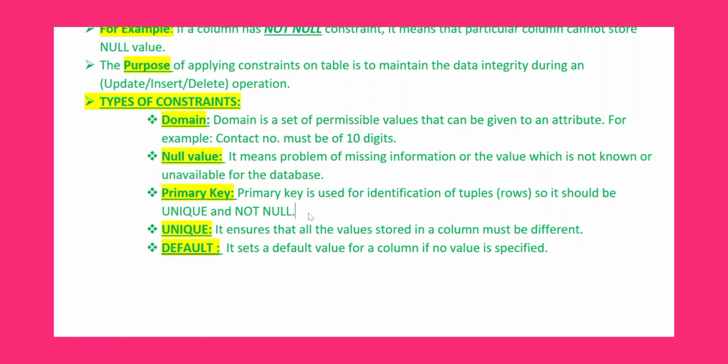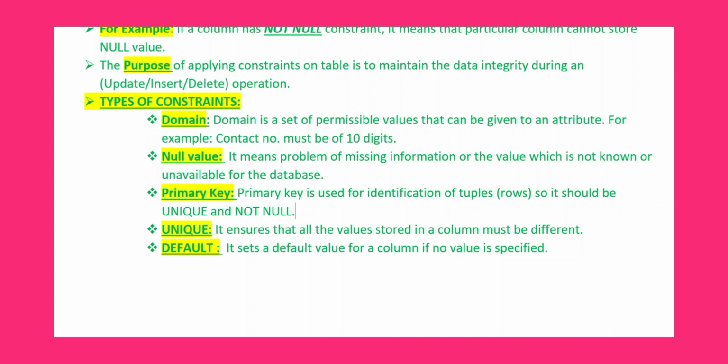But if we assign them a particular roll number, obviously it will be unique. With the help of that roll number, we can identify that particular student, or we can identify the records maintained for that particular student in a class. So primary key is a very important type of key or constraint that is used for identification of tuples or rows or records. So it should be unique and not null.